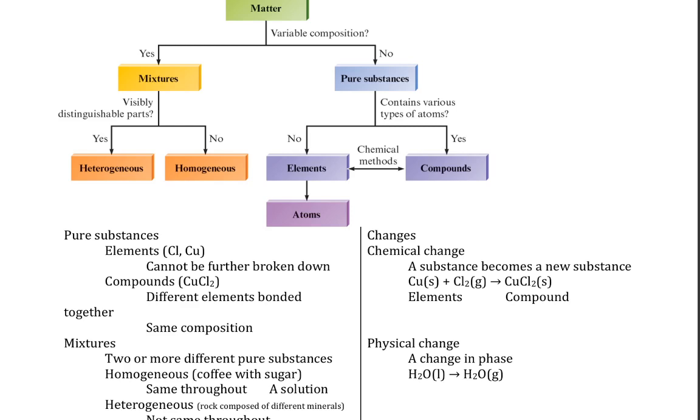Pure substances are either elements, and those would be elements on the periodic table, such as chlorine, copper, iron, nickel, sodium, etc. Or they are compounds. Elements cannot be further broken down and still be copper or still be chlorine.